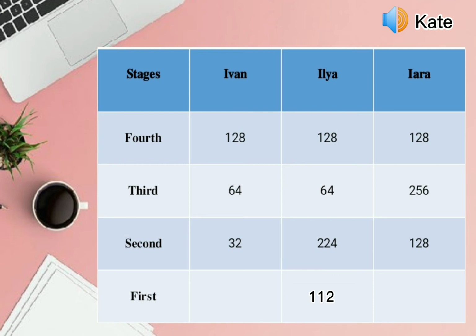Now for Ayara, 128 divided by 2 is equal to 64. So we have solved for Ilya and Ayara. Next is Ivan. The sequence and pattern are the same. We add Ivan's current money plus the results of Ilya and Ayara. So, 32 plus 112 plus 64 is equal to the total of 208.